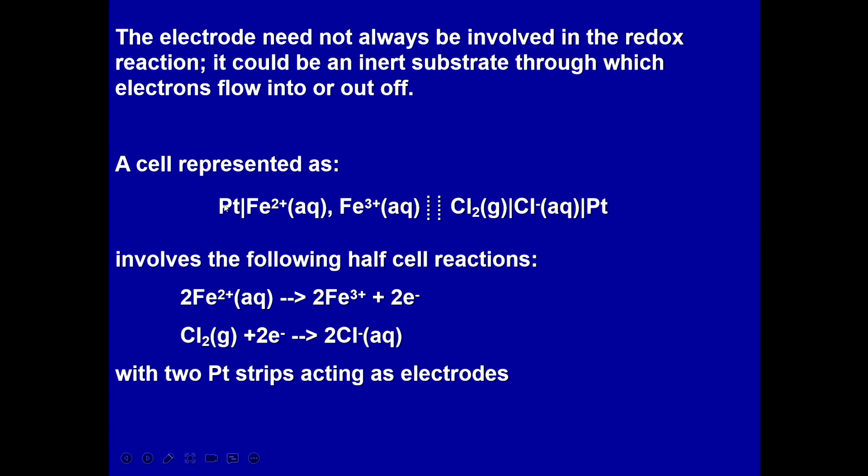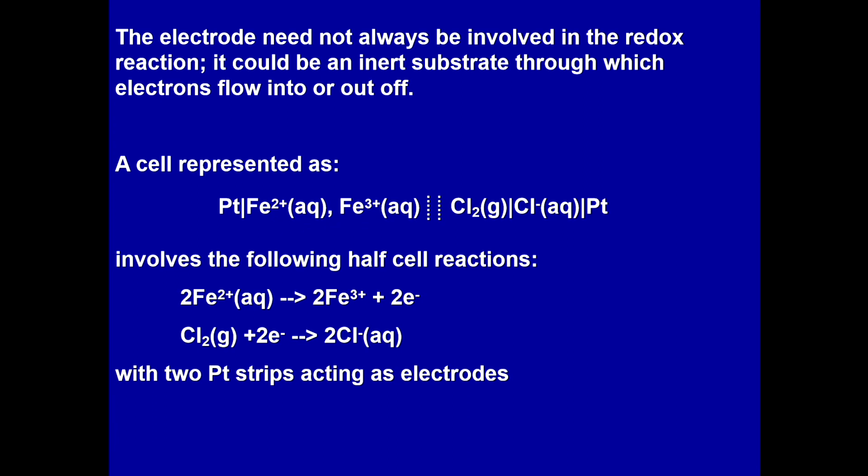So this side is anode, right? This side is cathode. So here we can say this is iron 2 plus and iron 3 plus. So these are reactants. Both of them are in the solution, right?